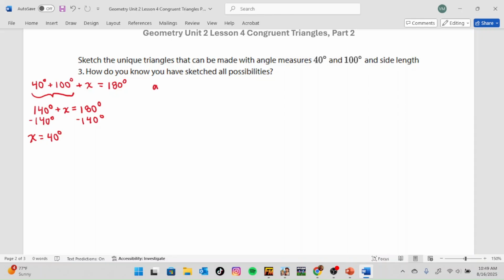So we have angles of 100 degrees, 40 degrees, and 40 degrees. So when we draw this triangle, it's going to end up being an isosceles triangle.